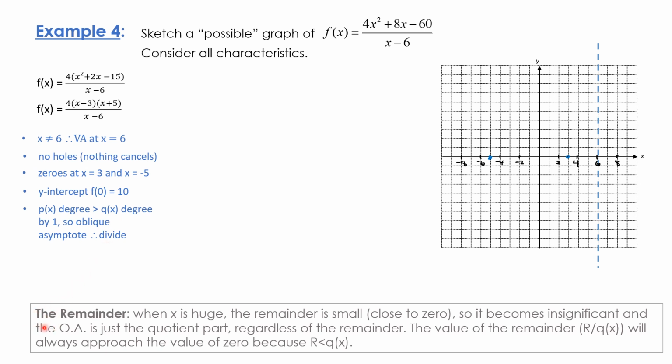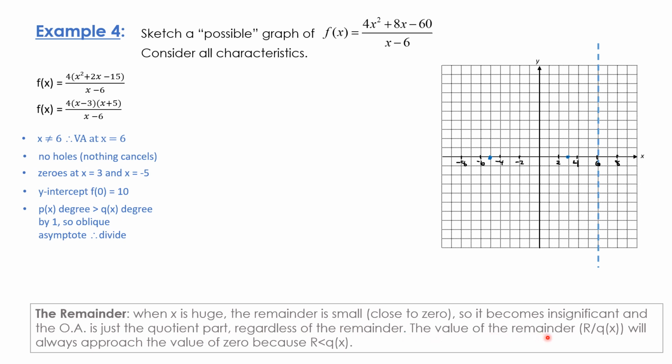And remember the remainder. When x is huge, because we're talking about infinity today, right? Really big numbers. When x is huge, the remainder is so close to 0, it becomes insignificant. So when we're talking about end behavior of an oblique asymptote, it ends up just being the quotient part, regardless of the remainder.